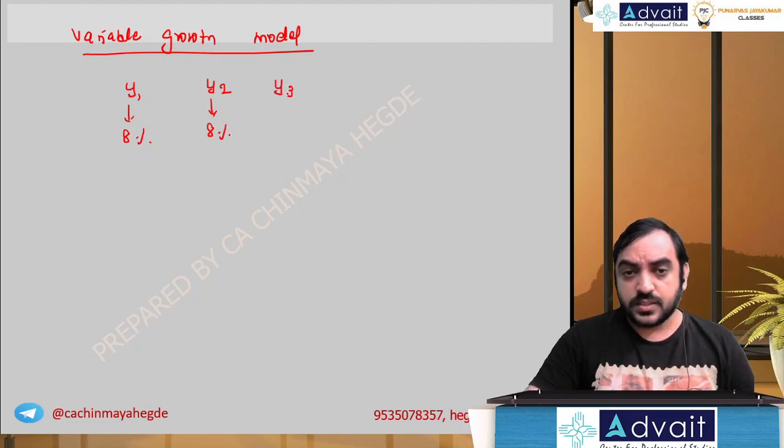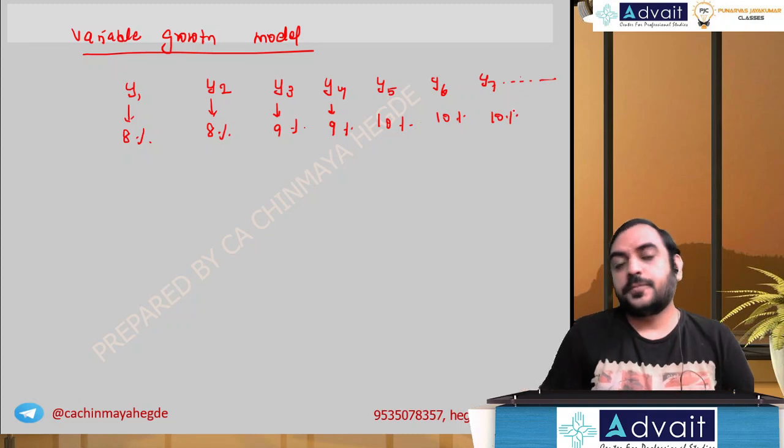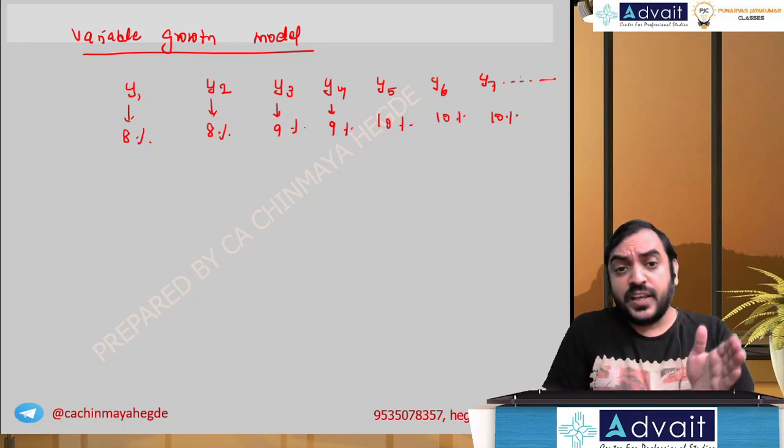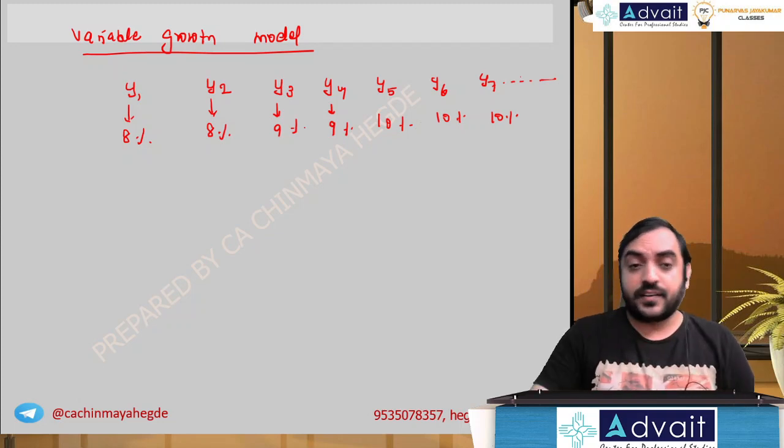Year 3, dividend will grow at 9%. Year 4, dividend will grow at 9%. Year 5 onwards, dividend will grow at 10%. Year 5, year 6, year 7, you will have 10%. So dividend is not growing at one single rate, dividend is growing at different growth rates.